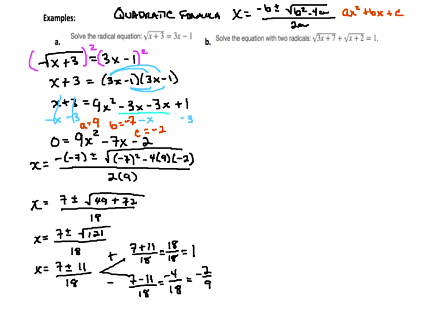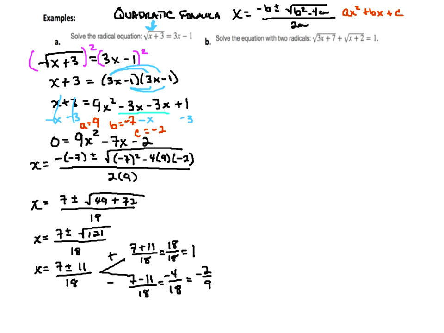Okay, so let me just point out something that you have to be careful about. Our original problem has a root in it. When you're taking the square root, it needs to be a positive number that you're taking the square root of, because if you take the square root of a negative number, you end up with an imaginary number.